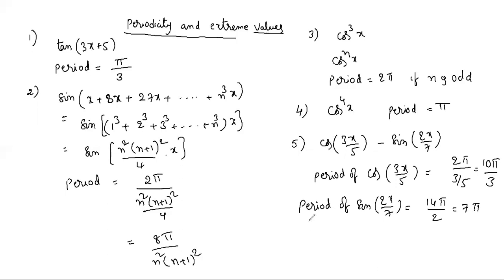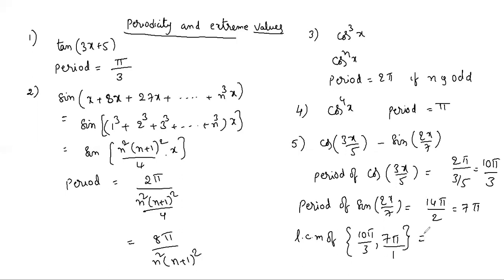So you have to take the period of the two functions f1 plus f2 or f1 minus f2 as their LCM. What is the LCM of 10 pi by 3 and 7 pi? You have to take the LCM of the numerators and the highest common factor of the denominators.